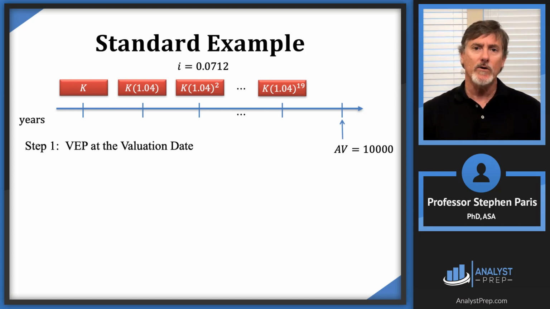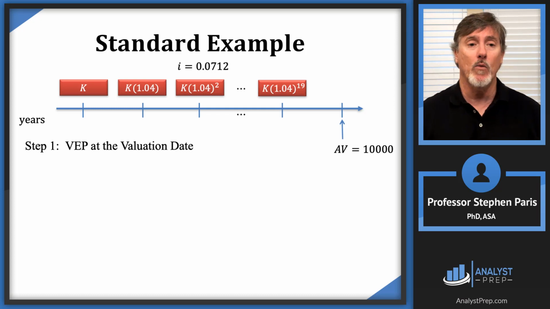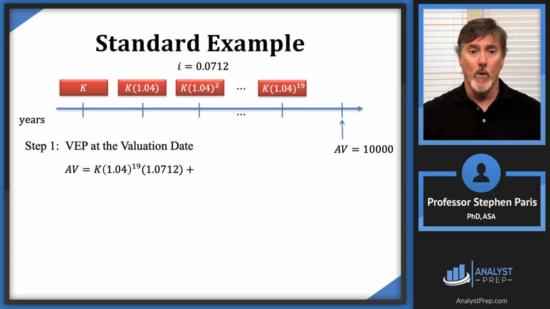Let's look at what we would get if we had done the step 1 VEP starting with the last payment. In that case, that last payment of K times 1.04 to the 19th needs to be accumulated for 1 year, so I multiply by 1.0712. That's the value of the last payment at the valuation date.